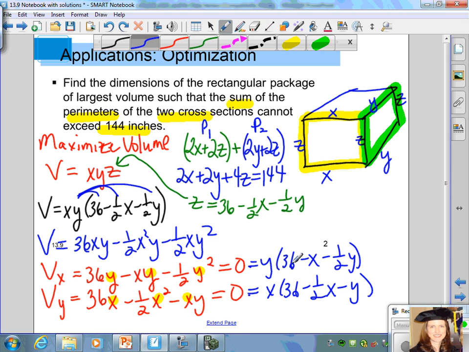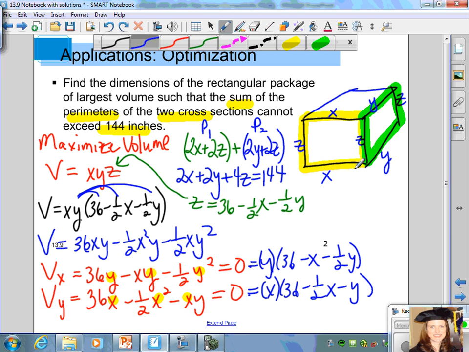Again, since these are set equal to 0, if you set each of these factors equal to 0, y equals 0 and x equals 0 are solutions, they're critical points, but we can eliminate those as possible values that would maximize the volume. If the x, or the length, was 0, or the y, the width, was 0, the volume would be 0.